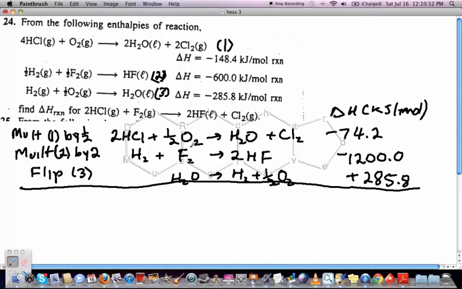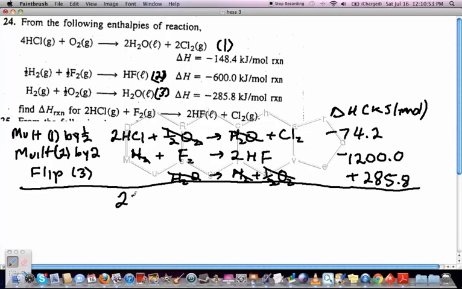Alright, so now I can go ahead and add these together. You can see that the H2O and the H2O will cancel, the H2 will cancel, and the half O2 and the half O2 will cancel. So there's the justification for why I had to flip reaction 3. It gets rid of all of those things there. I didn't have to multiply reaction 3 because everything had the right coefficient.